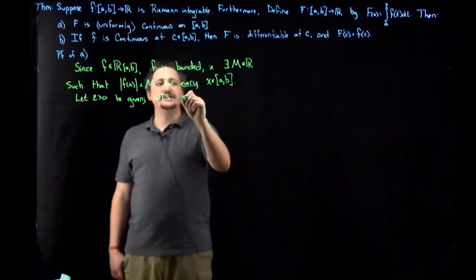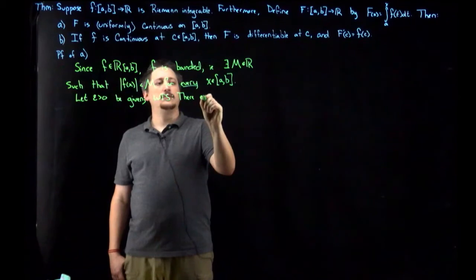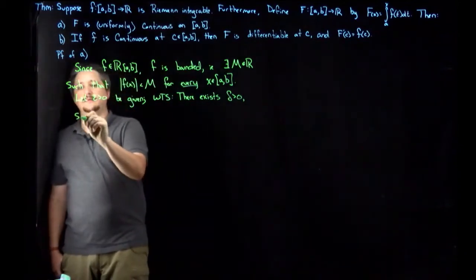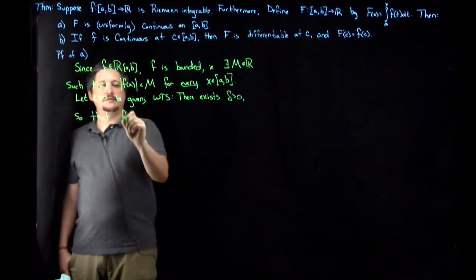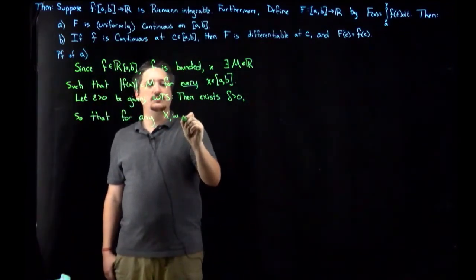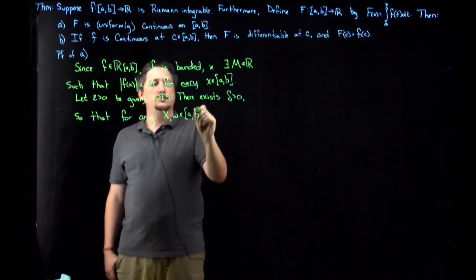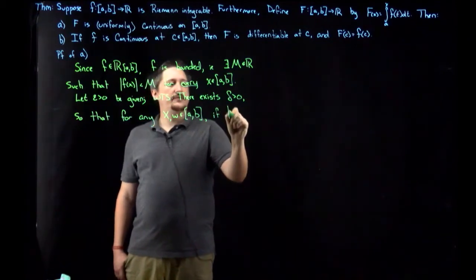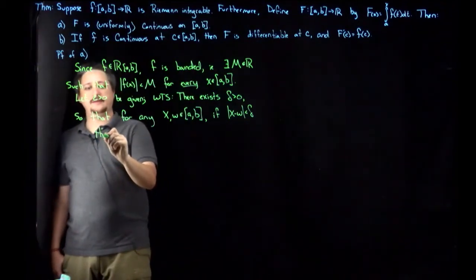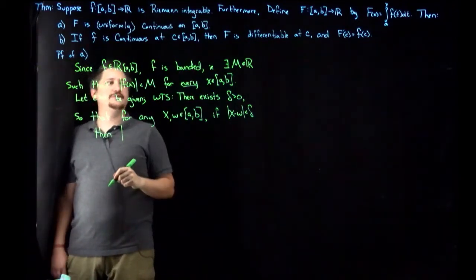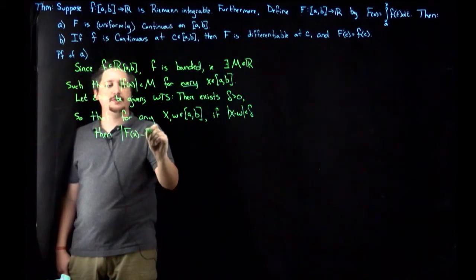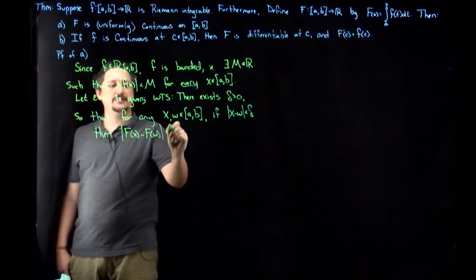So what that means is there exists delta greater than 0, so that for any x and w in [a, b], if the distance between x and w is suitably small, less than delta, then the distance between the functions, capital F(x) minus capital F(w), is less than epsilon.